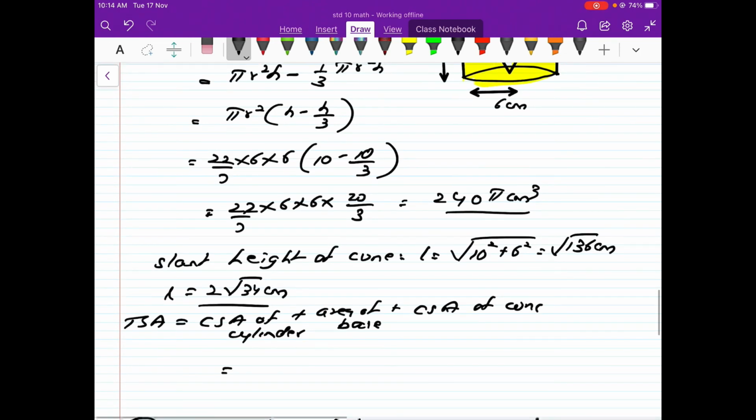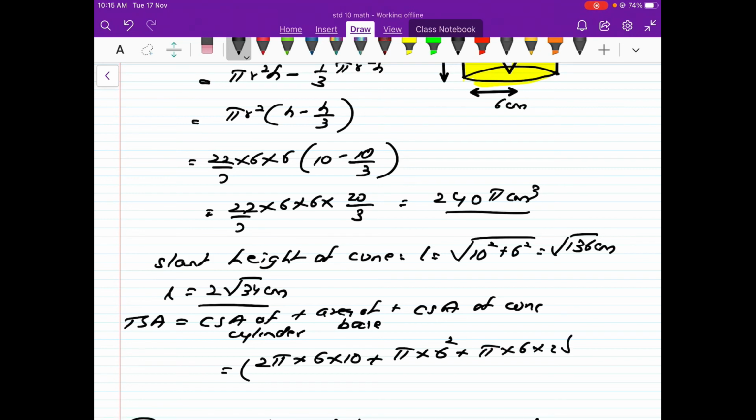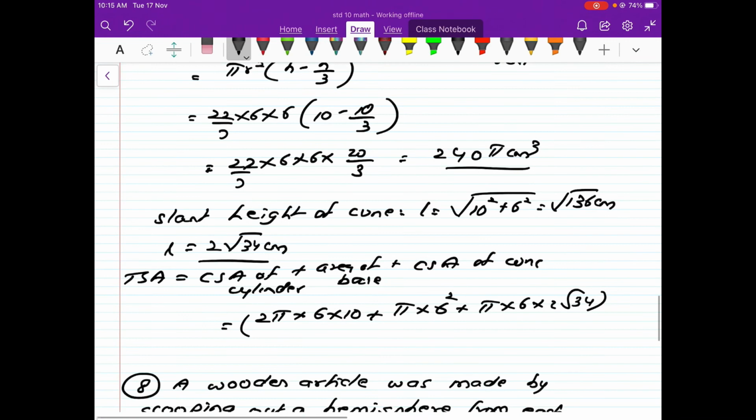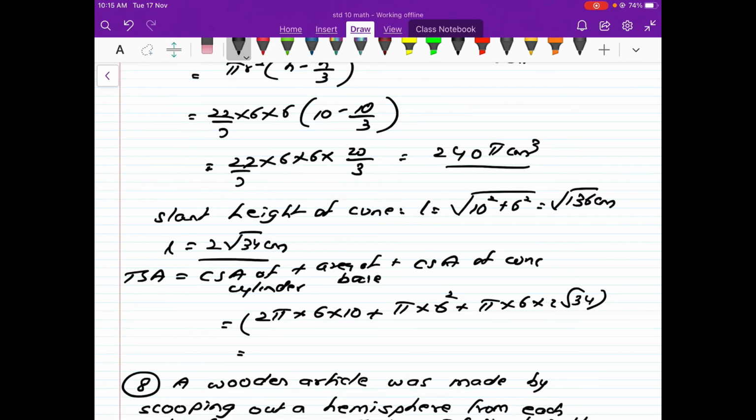So curved surface area of the cylinder, if you see, it is 2 pi into 6 into 10 plus this is pi into r square plus this is pi into 6 into 2 root 34. So ultimately we are getting it is 156 plus 12 root 34 pi centimeter square.